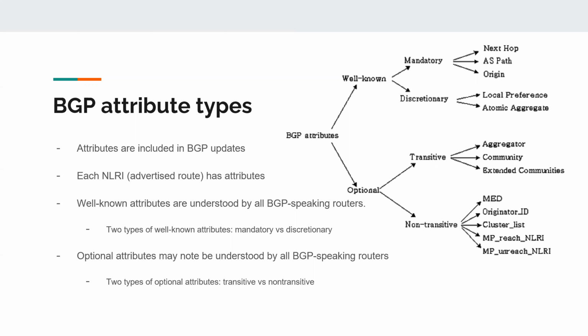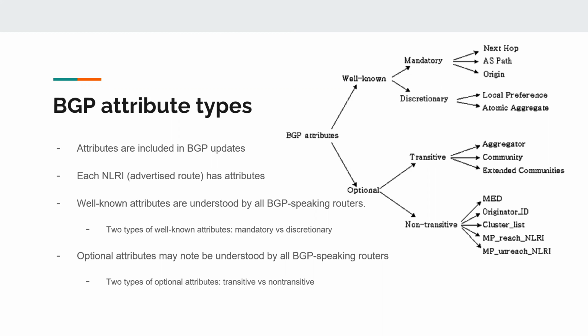Okay, then let me talk about more details of the BGP attribute types. The graph on the right shows the composition of BGP attributes. All these attributes are included in BGP attributes. Each network layer reachability information, each advertised route, has attributes.